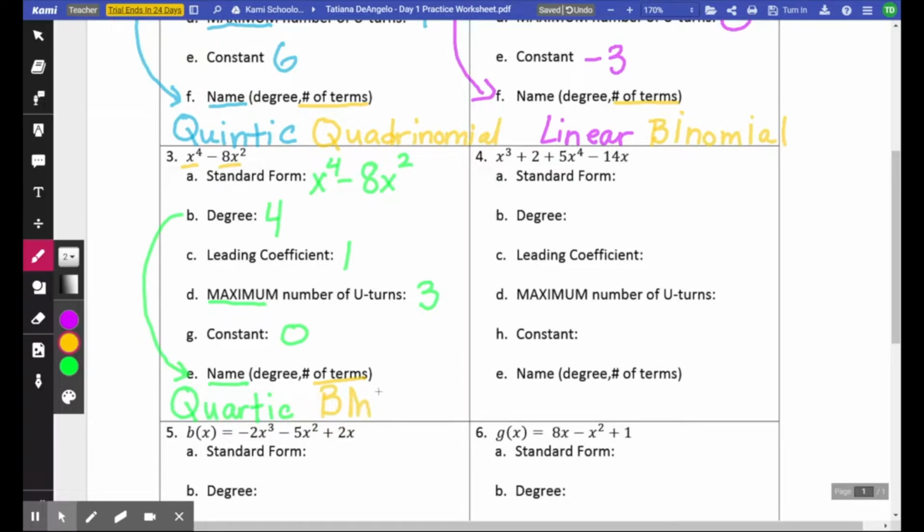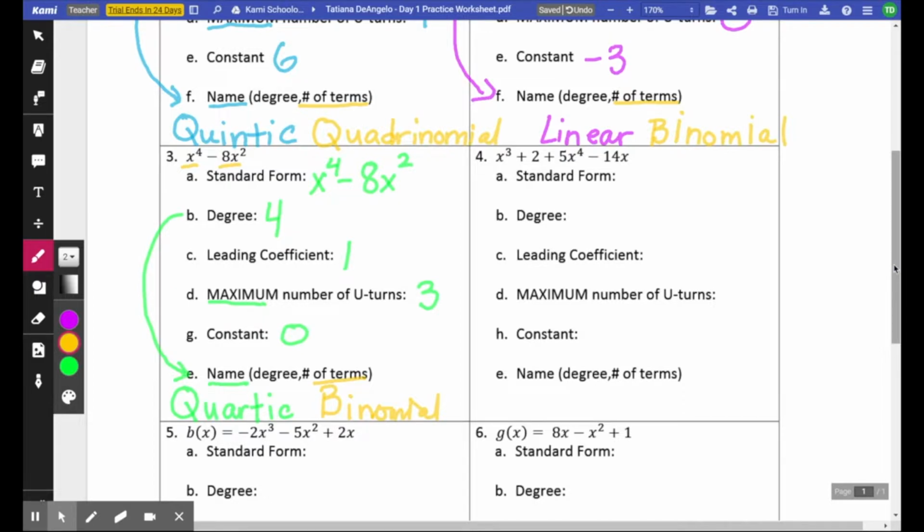Ugh, I did it again. All right, you guys are just going to have to bear with me on the I's. That says binomial.